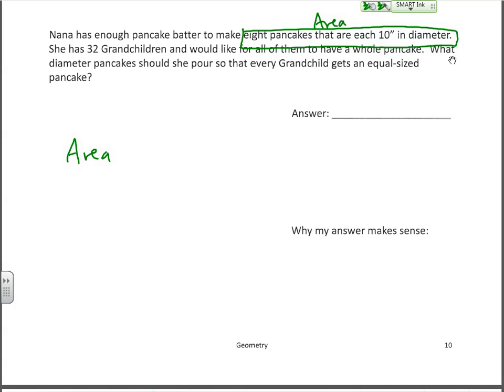So the area of her total pancake batter divided by 32 is going to be the area that each grandchild gets, right? The area. So let's just say that the area of 8 pancakes, each 10 inches in diameter, is 320. So 320, that represents kind of the area of pancake batter that she has, divided by 32 means that each kid is going to get an area of 10 in pancake form.